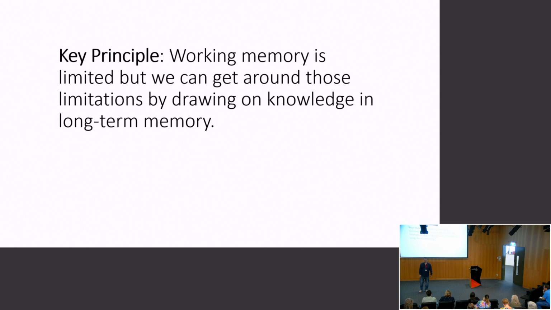Yes? So that demonstrates that a stimulus from the environment, me saying something, interacts with your long-term memory and focuses the attention of your working memory. And that's essentially what we're saying is going on here. It doesn't need a central processing unit. Working memory is limited, but we can get around those limitations by drawing on knowledge from long-term memory.